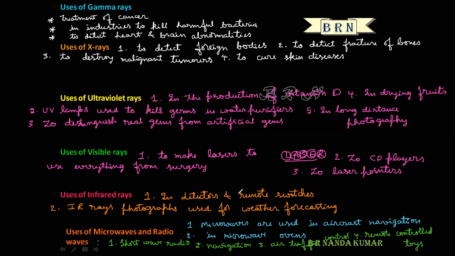IR waves from the sun keep the earth warm and hence help to sustain life on the earth. Microwaves are used in aircraft navigation and microwave ovens. Radio waves are used for short-wave radio, navigation, air traffic control, and remote control toys. So these are the uses of electromagnetic radiation.